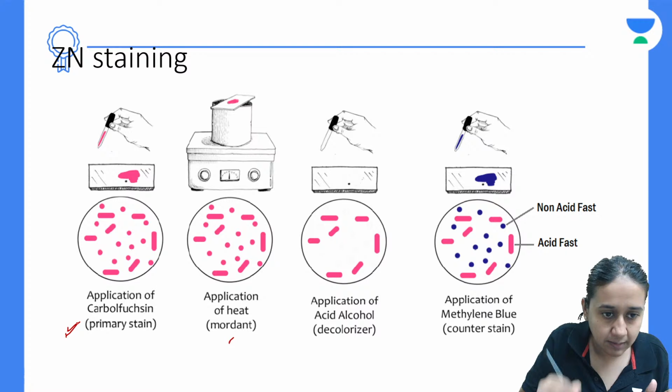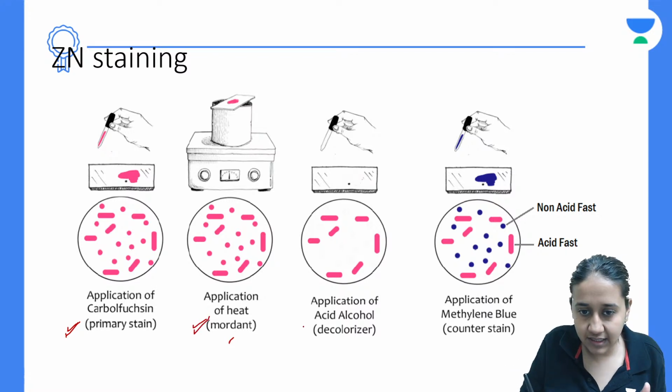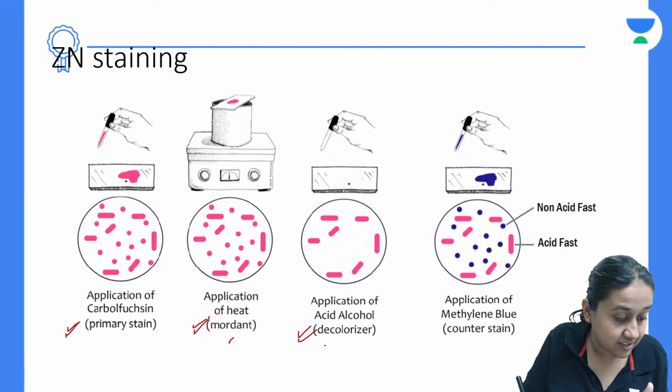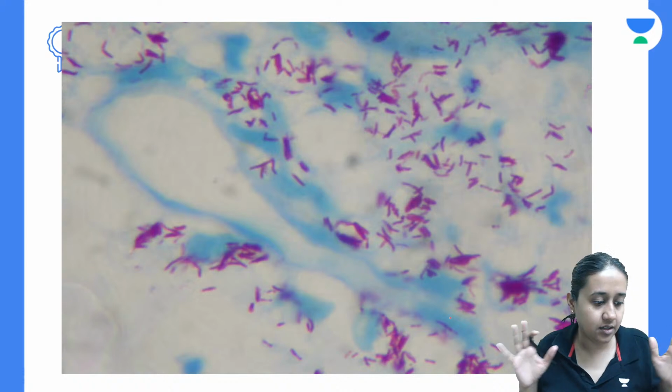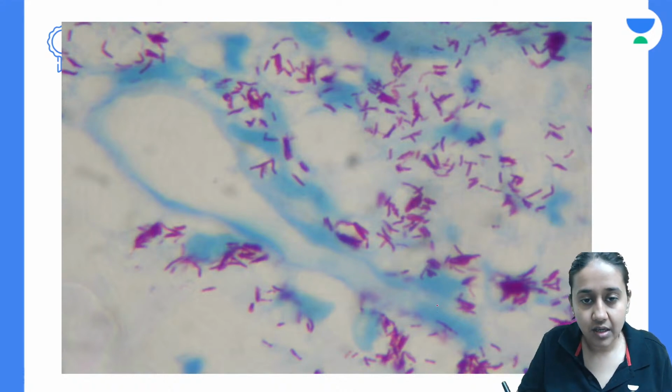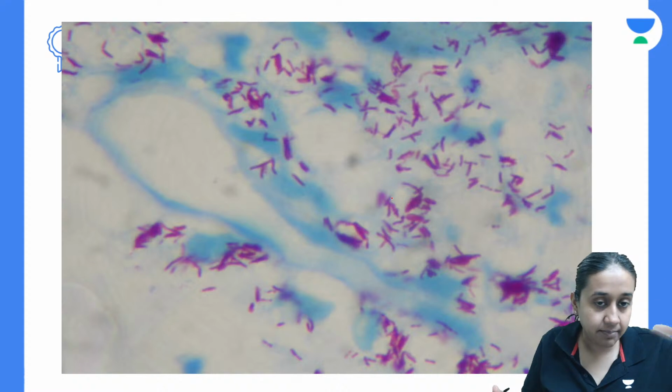You will apply carbol fuchsin, you will apply heat, then the percentage of H2SO4 is 2%. And then finally the counterstain, you will see an image like this. All these structures which are pink in color are acid-fast bacilli, while the blue background is seen in patients of leprosy.